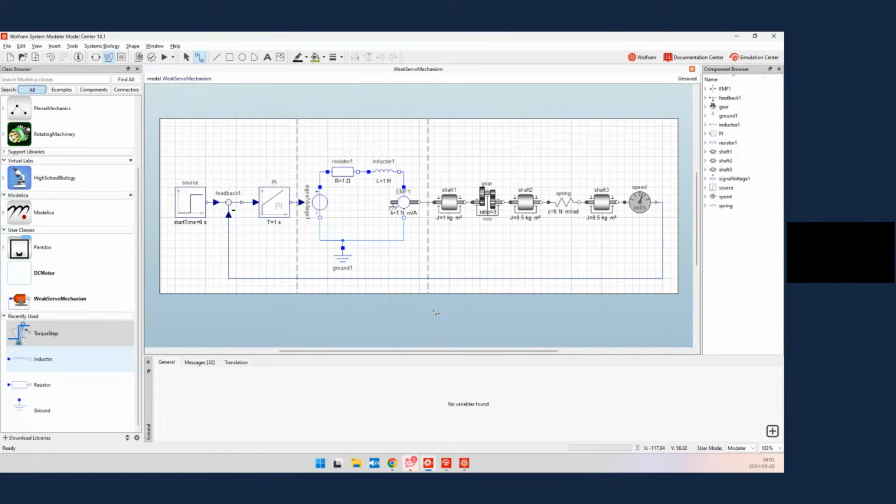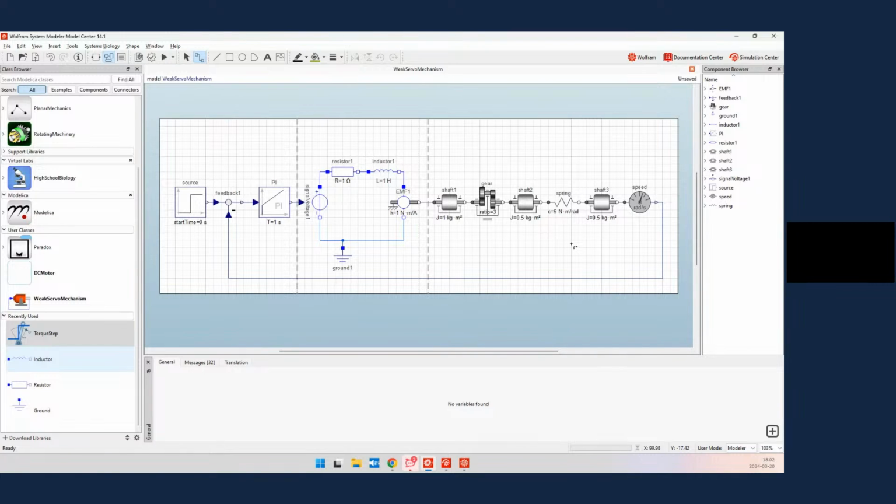This could be a biochemical pathway, a business system, or, as in this case, a DC motor. It's a schoolbook example. In the middle we have an electrical system and a mechanical system, a 1D rotational system in this case, connected with a control system that tries to keep it at some desired operation point.